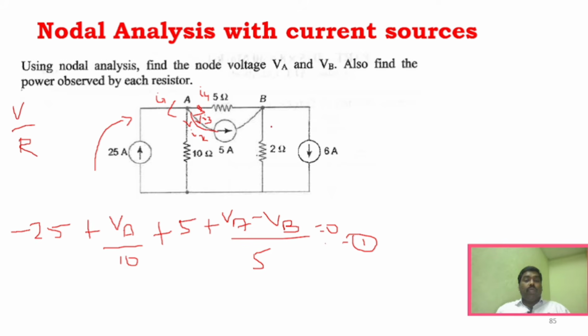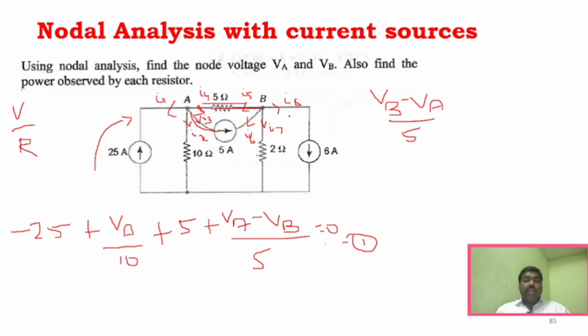Similarly, now I'm going to find the expression for this other node. We can take this branch as I5, this branch as I6, this branch as I7, and this branch as I8. By KCL, it is the sum of all the currents, I5 plus I6 plus I7 plus I8, right? For this particular branch, we write VB minus VA divided by 5, right?